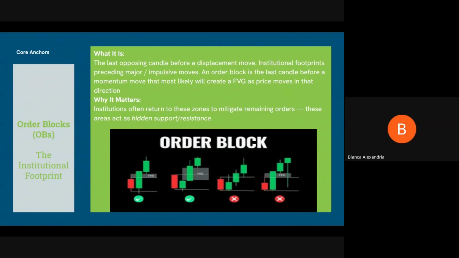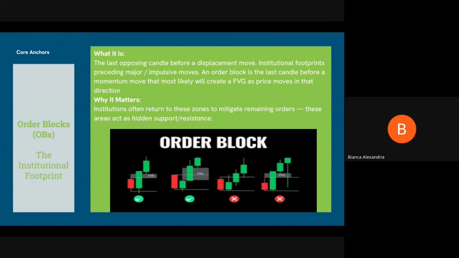An order block is the last candle before a momentum move that most likely will create a fair value gap as price moves in that direction. So there will be multiple order blocks. Say we're in a bearish market, there will be multiple places where price will show bullish candles, and those will be the order blocks that precede a continuous move down.